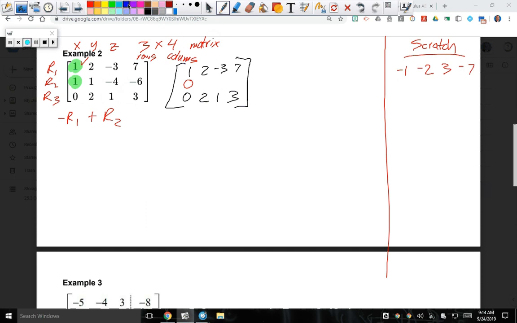And a row 2 looks like this. And when I add these two, what's the first number? 0. Bam. That's exactly what I was looking for. That's why I did negative row 1 plus row 2. What's the next number? Negative 1 and then negative 1, negative 13.